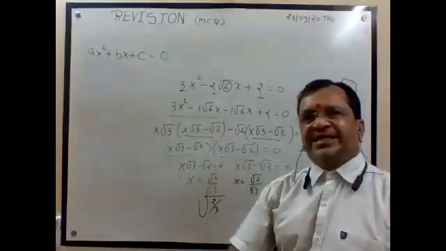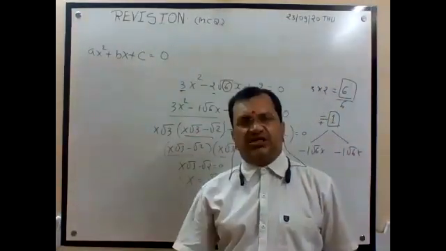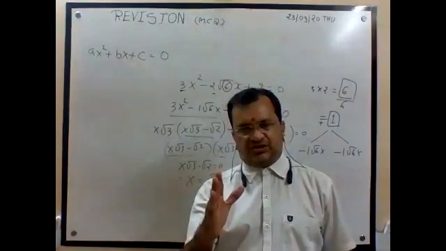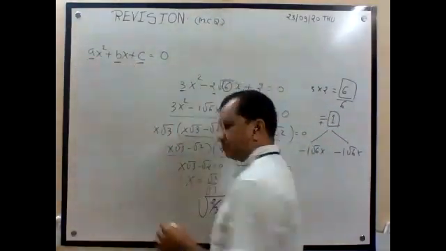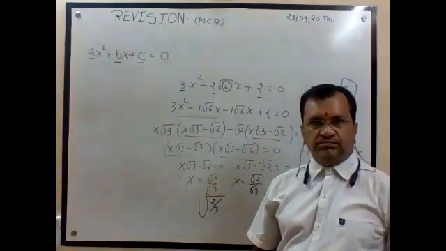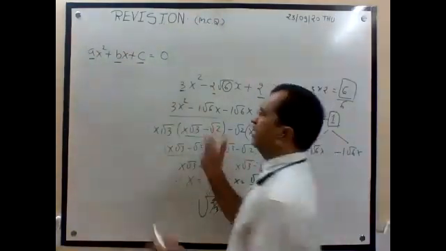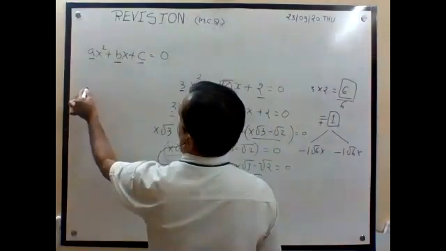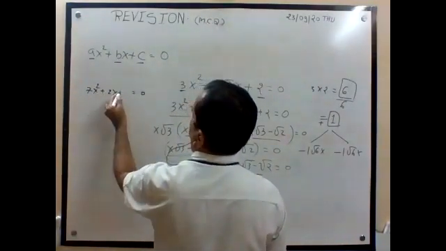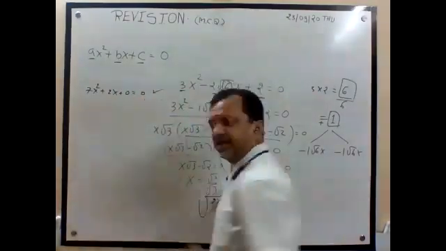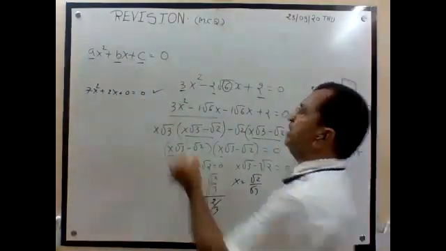Come to this. ax square plus bx plus c will be a quadratic equation. So which coefficient should not be 0? If c is 0, for example, you can write 7x square plus 2x is equal to 0, and this is a quadratic equation.